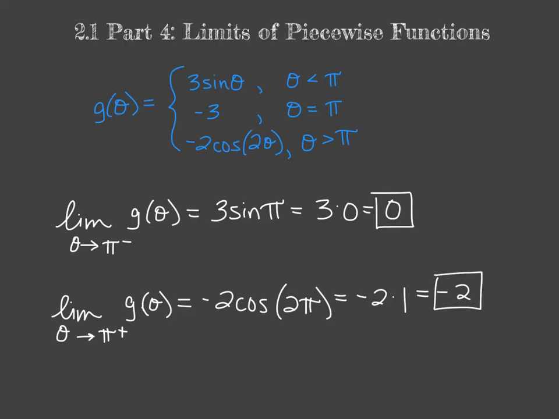So if you were to ask what is g of pi, if we were to plug in pi exactly, no limits, this is exact, right? If you plug in pi here, we need to go directly here because that's when theta is pi, we go to this piece of the function, and that would be -3. That's a little extra tidbit there.